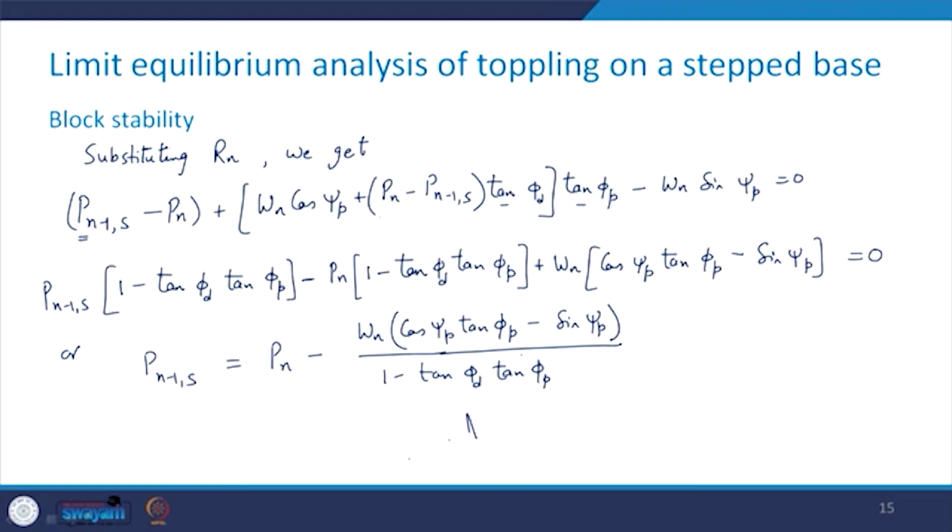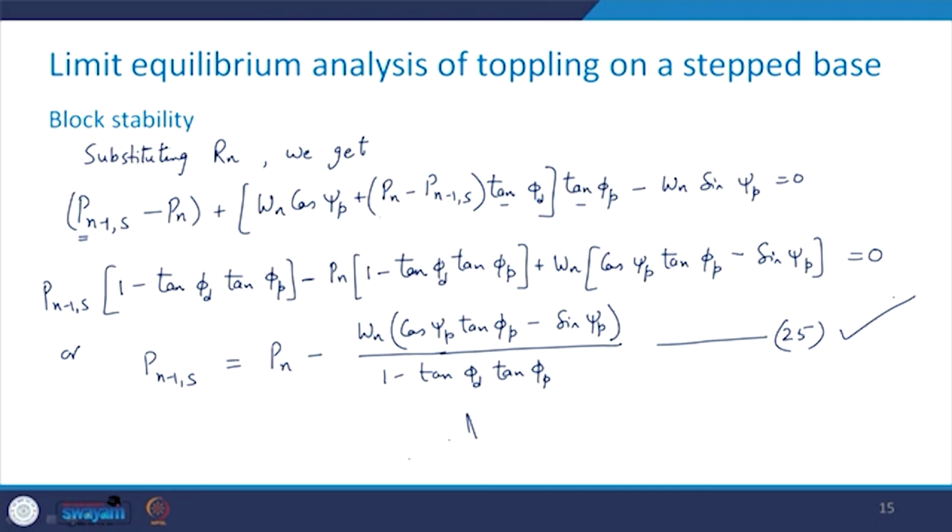So, this is how we will get the Pn minus 1 for the nth block which is undergoing the sliding. Make this equation as equation number 25.